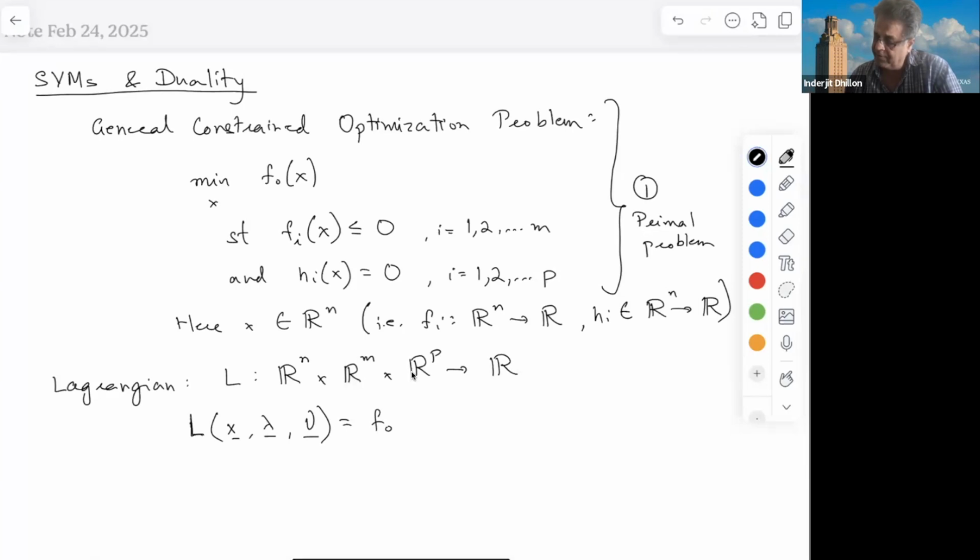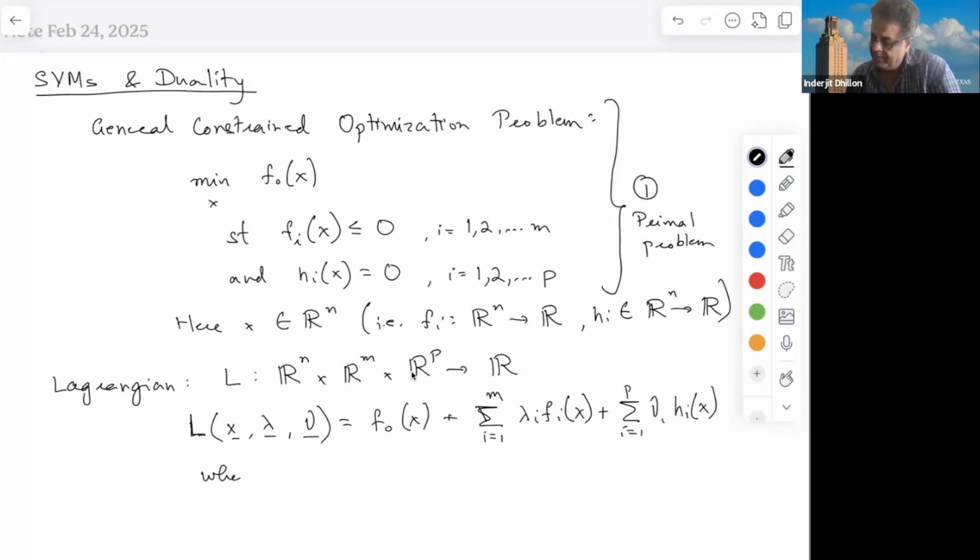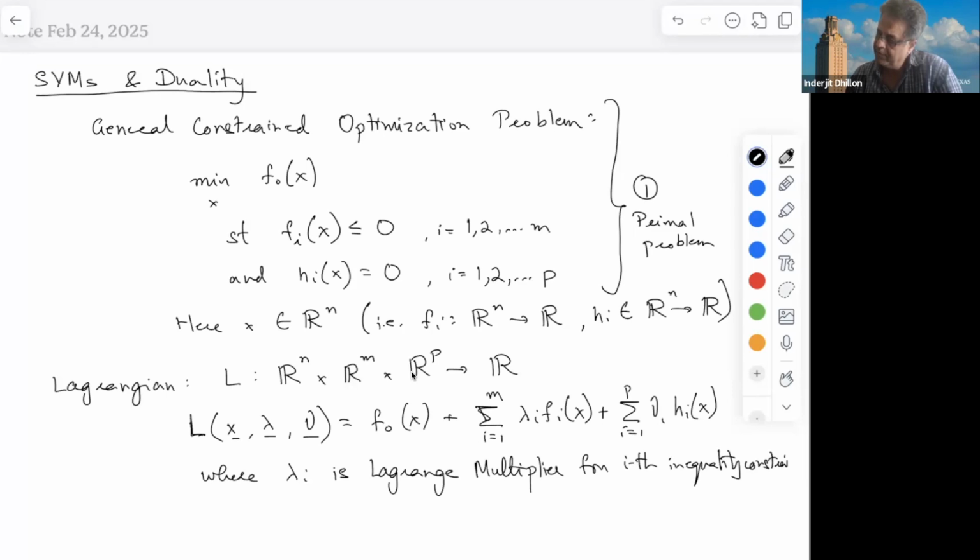My Lagrangian is f naught of x plus the summation from i equals 1 through m of lambda_i f_i of x plus the summation from i equals 1 through p of nu_i h_i of x. Lambda_i is the Lagrange multiplier for the ith inequality constraint, and nu_i is the Lagrange multiplier for the ith equality constraint.